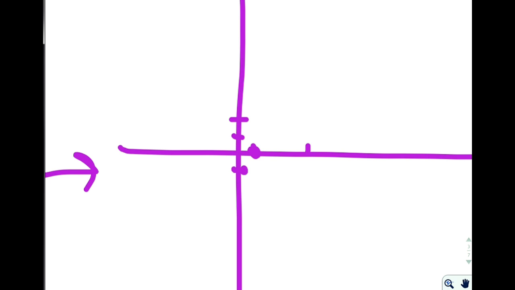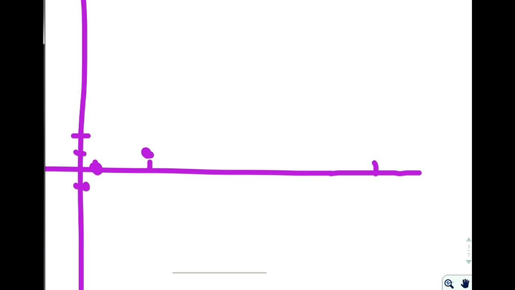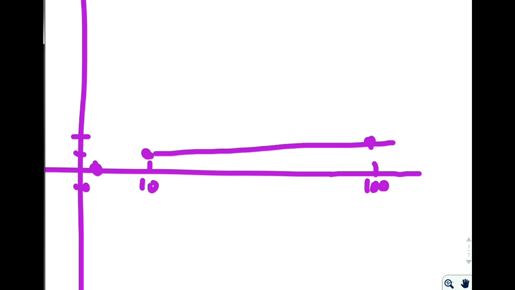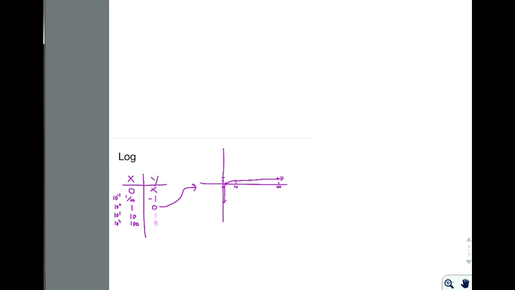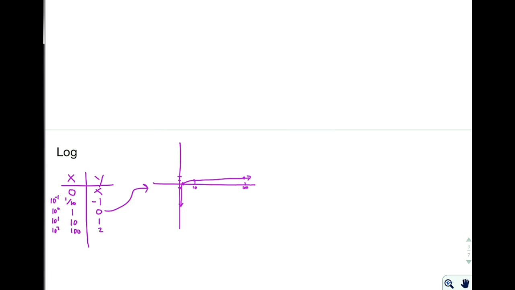Out at 10, we get a point here at y equals 1, and then way out at 100, we would get a point at y equals 2. And so we see something like this happening, where that goes down forever really close to the axis, and this very slowly goes up forever. And that is our logarithmic function.